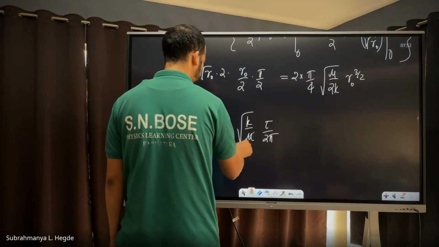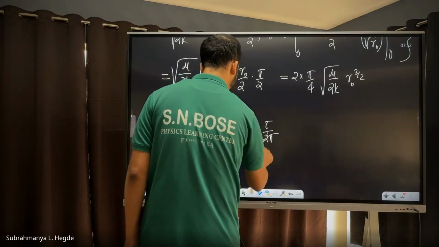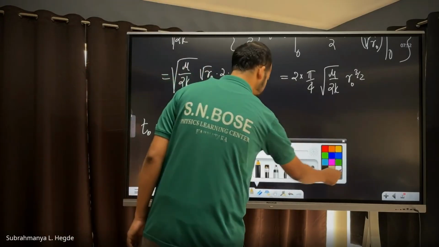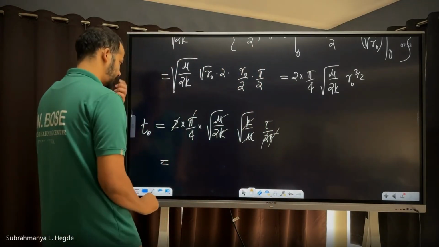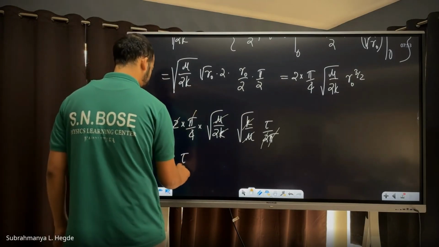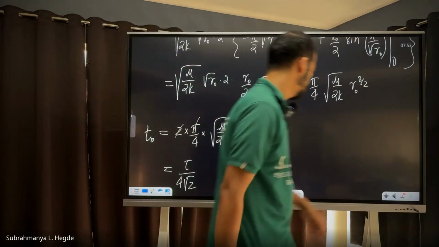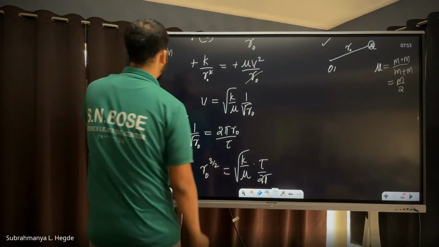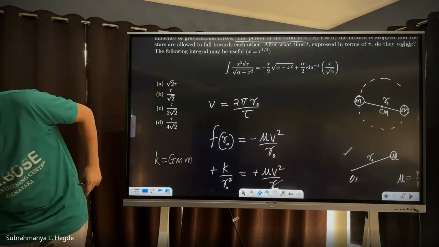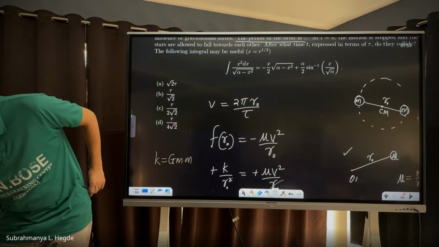These things got cancelled, and one of these two, 2 pi, also got cancelled. We get 1 by 4, tau by 4 root 2. That is option D. That's right. Is that okay?